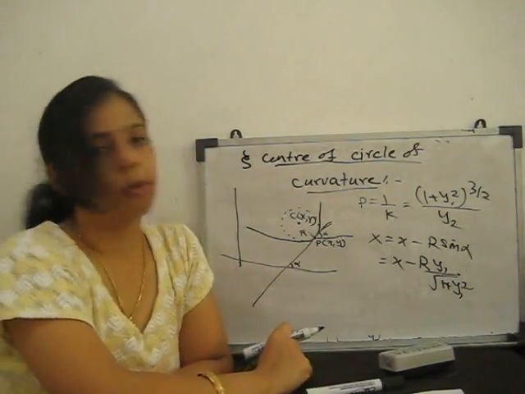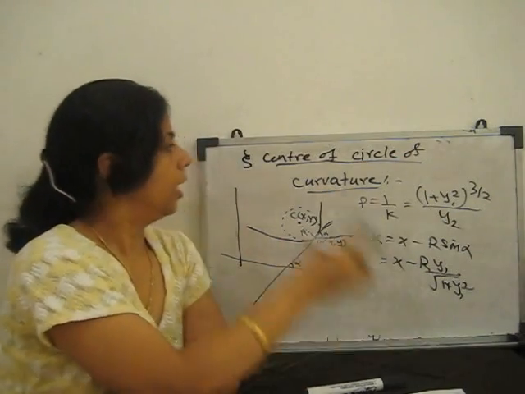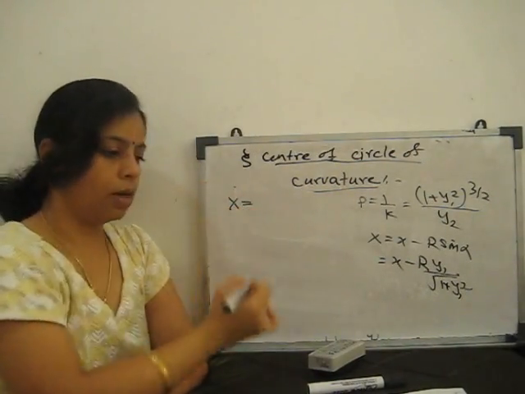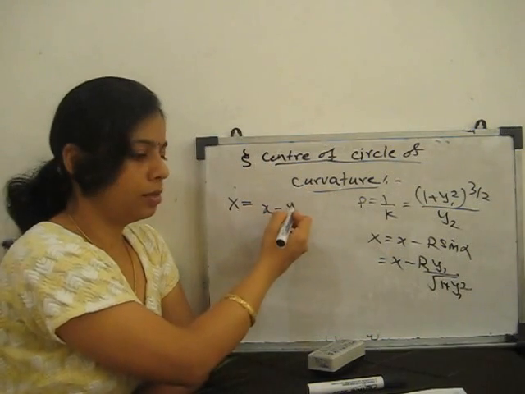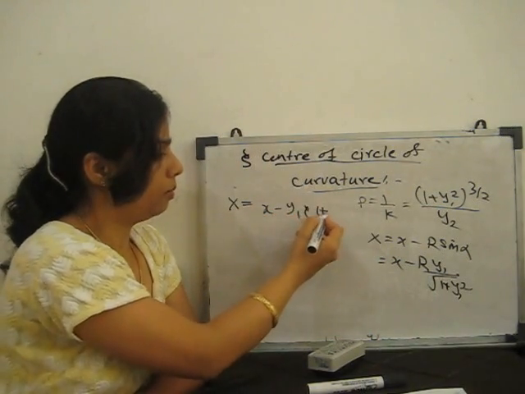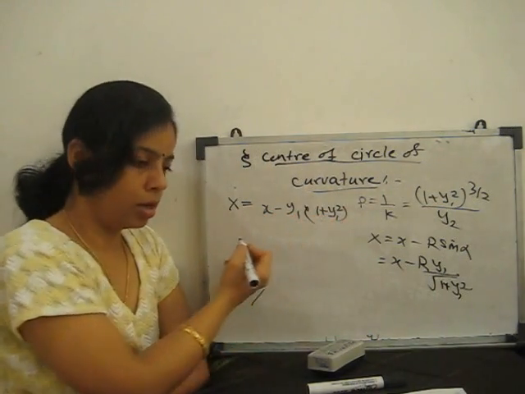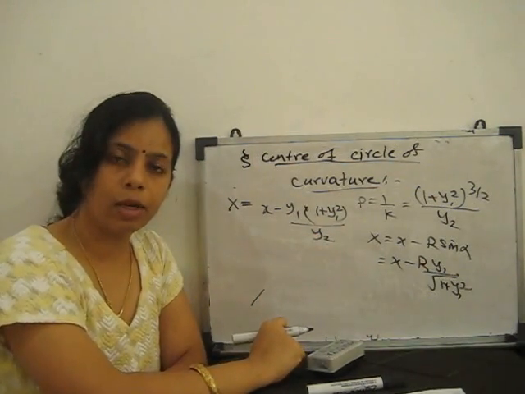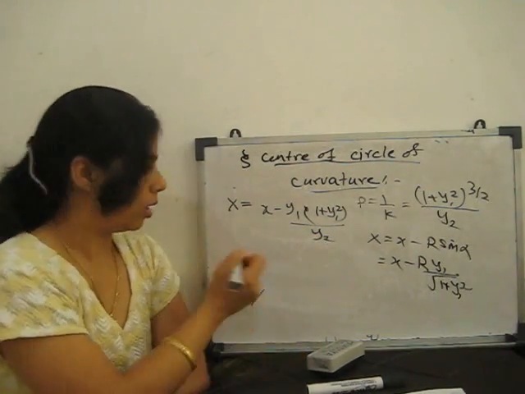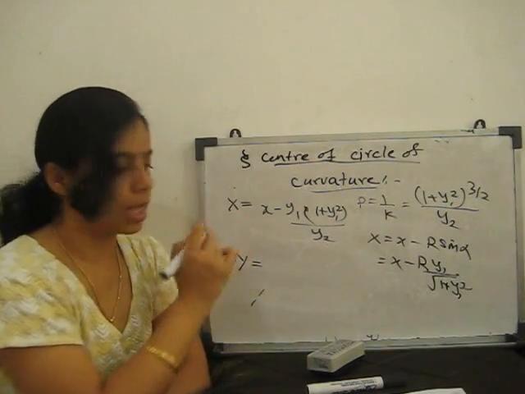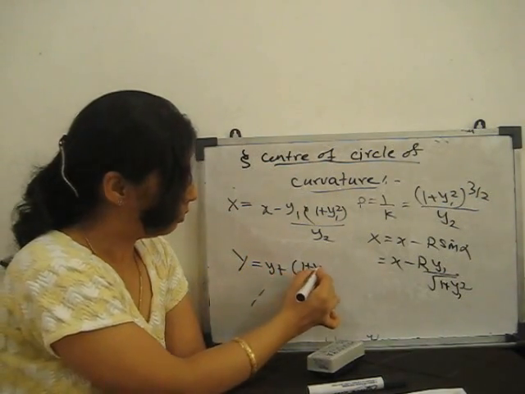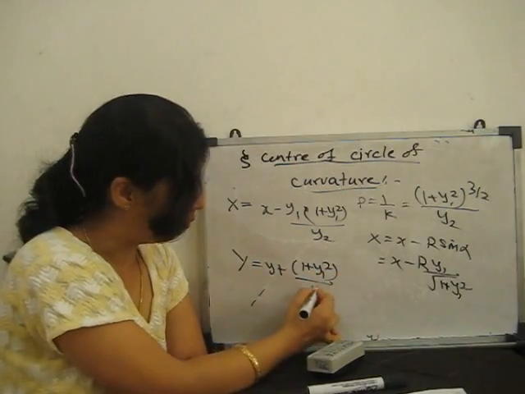So our formula for the center of curvature is X equal to x minus y1 (1 plus y1 square) upon y2, where y1 is the first order derivative and y2 is the second order derivative, and second, Y equal to y plus (1 plus y1 square) upon y2.